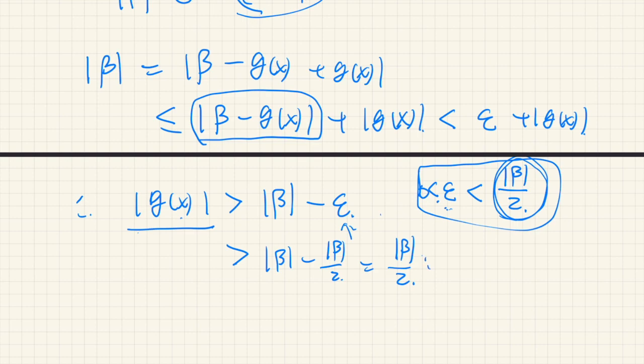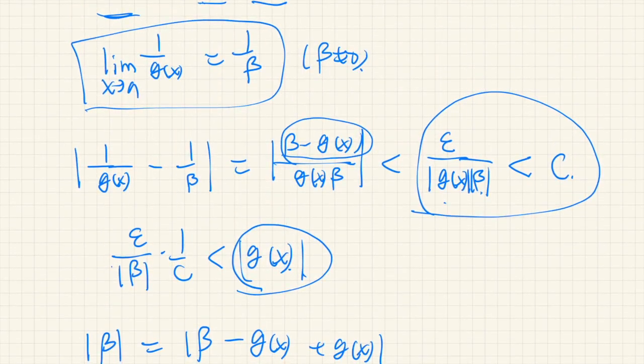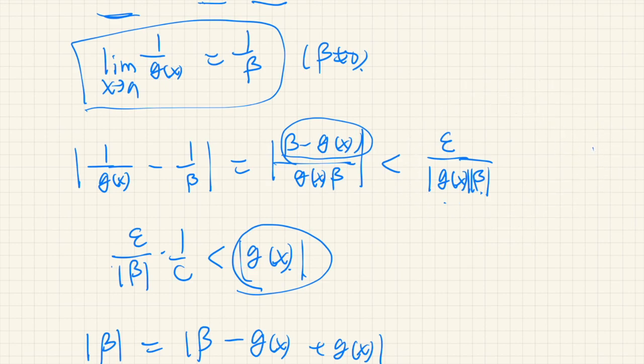Now using this, let's go back to this inequality. So this is less than epsilon over beta over 2 times beta. So that's 2 epsilon over beta squared.